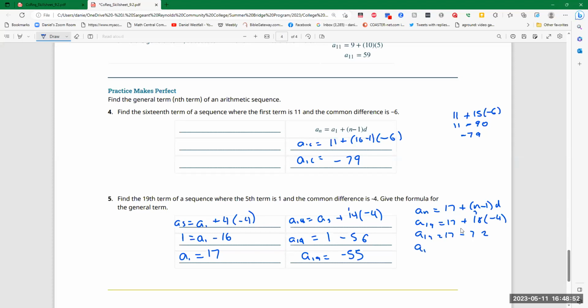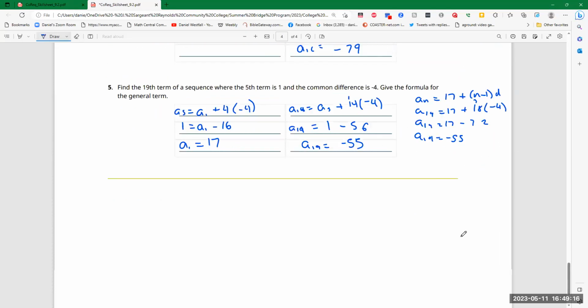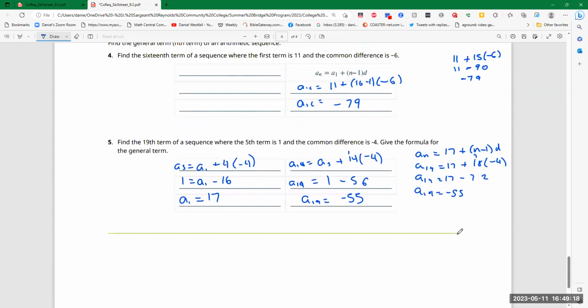So A19 is going to be negative. 72 minus 17, we're going to borrow. 12 minus 7 is 5. This is 55. It's a -55, right? And we got the same answer two different ways. Look at that. So, okay. Let's move on. Oh, we're done.